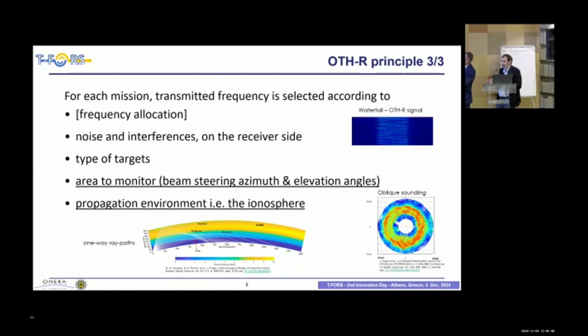It can be horizontal soundings, or in that case, on the right hand side, there's just an illustration of what we perform with Nostradamus during the operation. So it's an oblique sounding. So we are able to map, let's say, the area for the ionosphere, but this has to be done for every frequency and every elevation.